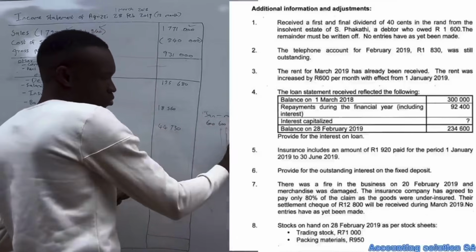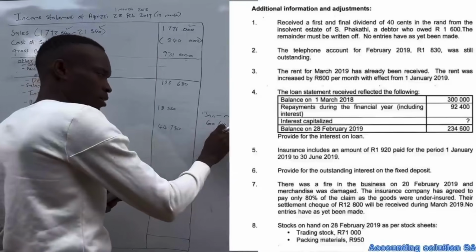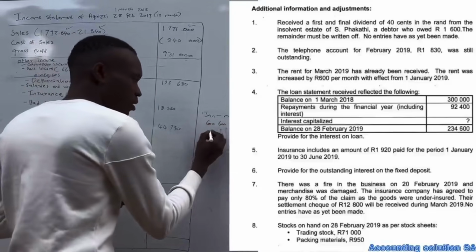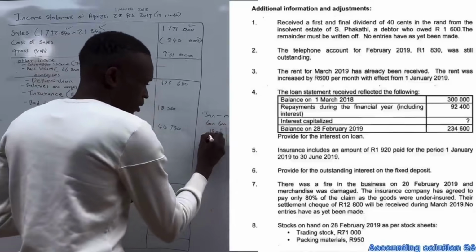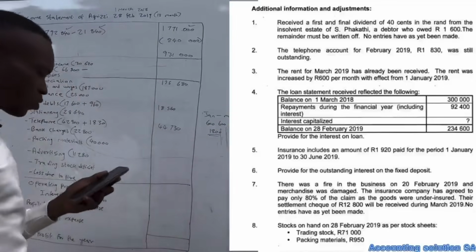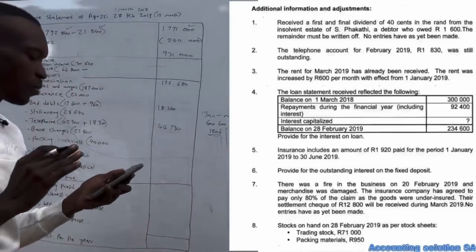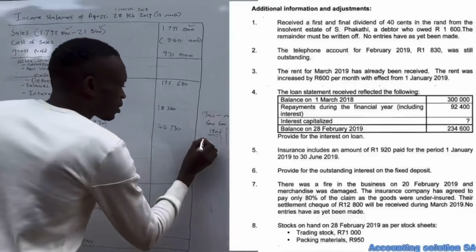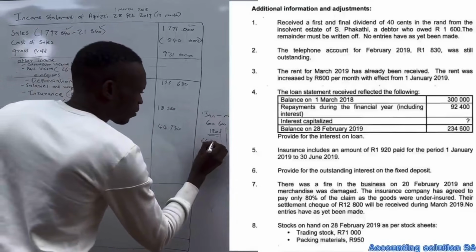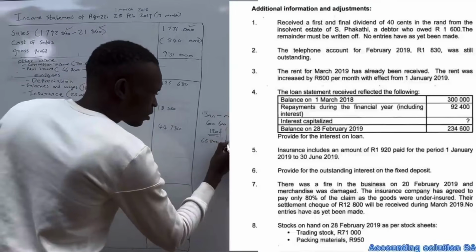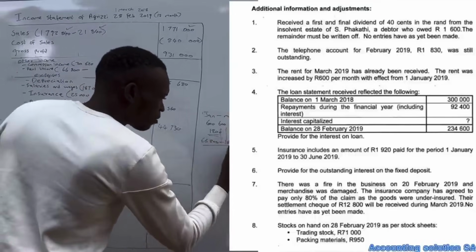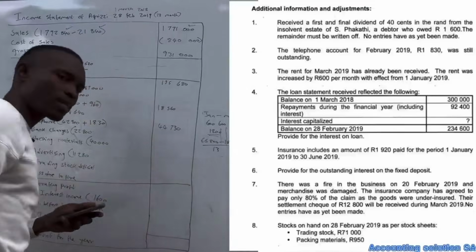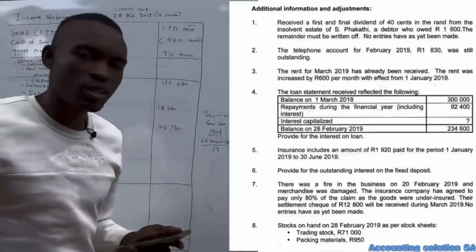If you add these, 1,200 plus 600 is going to give you 1,800. This was increased. So in order for us to calculate it simply, this is what we need to do. The rent was 66,800. We must first subtract this increase so that we can divide it by 13. Why 13? Because they paid for 13 months.